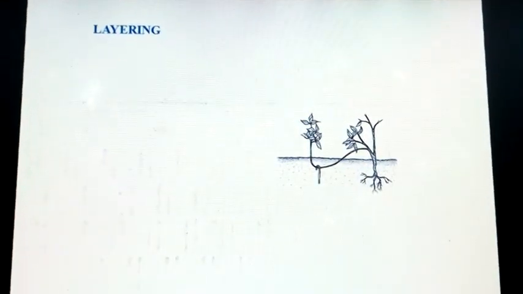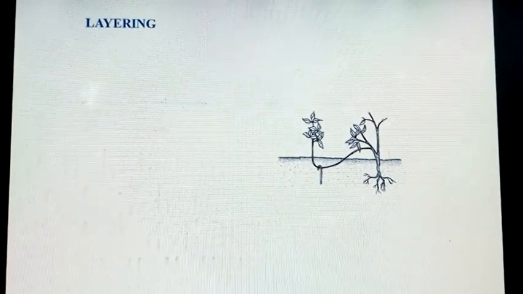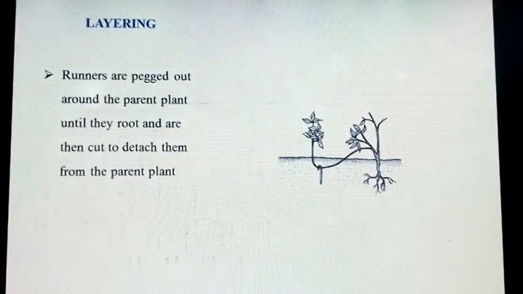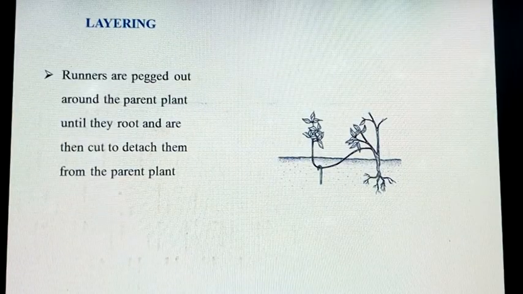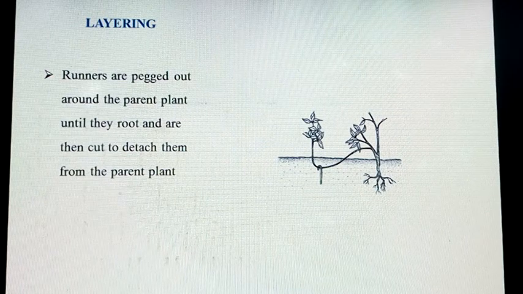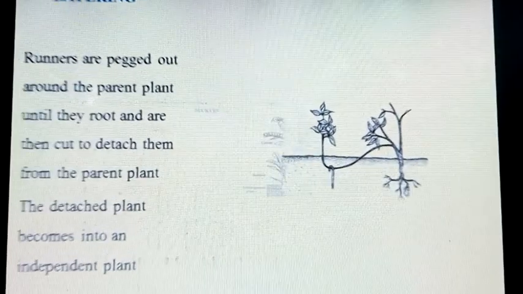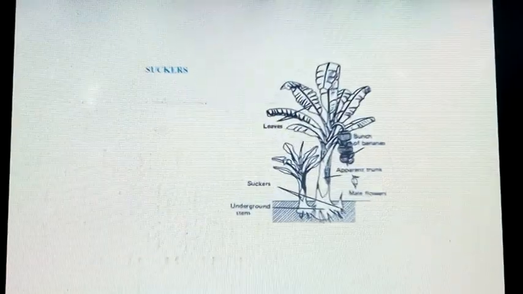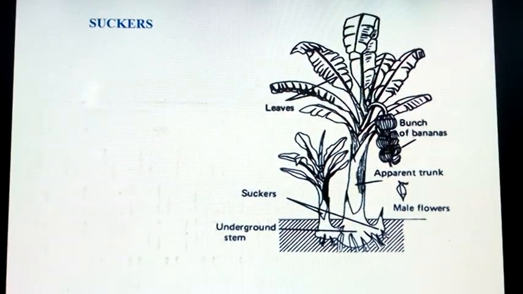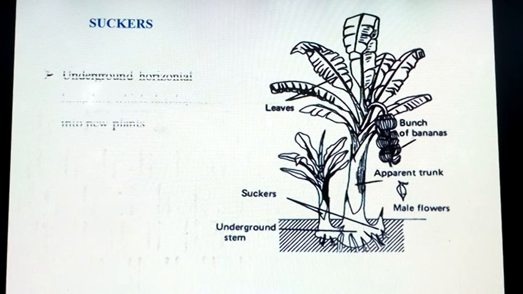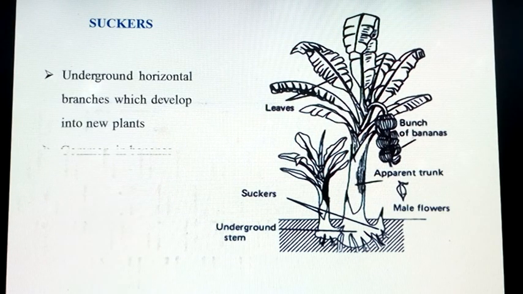The other is layering, where a branch of a parent plant is lowered into the soil until it sprouts, and then we detach it from the parent plant so that it can also become an independent plant on its own. The other is use of suckers. The sucker will be uprooted, then planted elsewhere to become an independent plant.